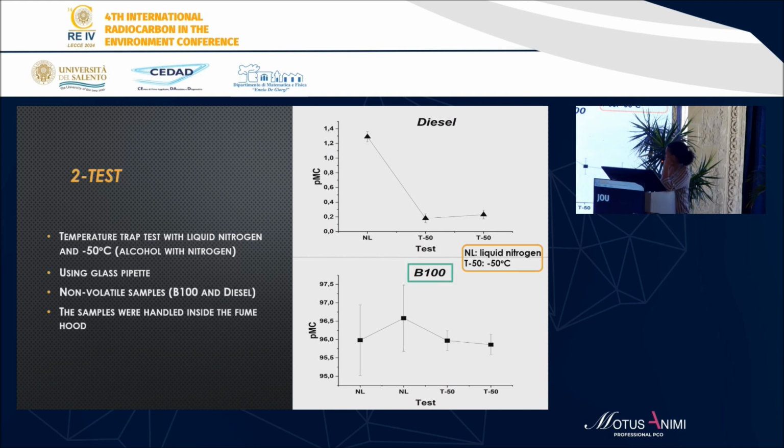For B100, the results with liquid nitrogen and minus 50 degrees Celsius were not so different, and the expected value is 94.5. But for the diesel, which is a fossil source, when I use the temperature trap at minus 50 degrees Celsius it was slightly better than liquid nitrogen.